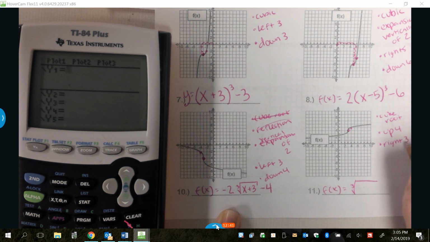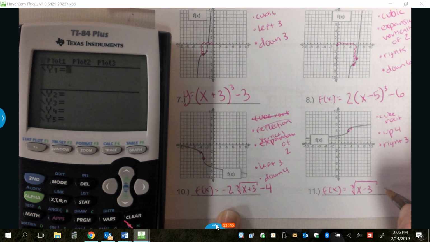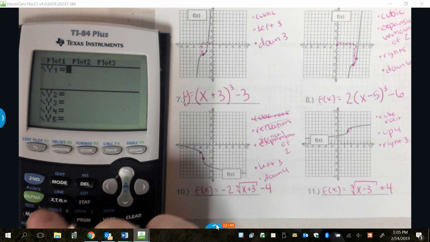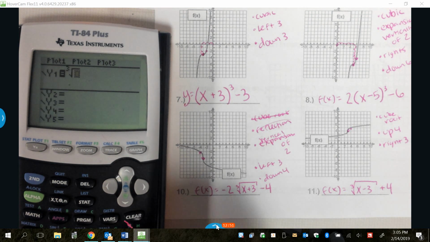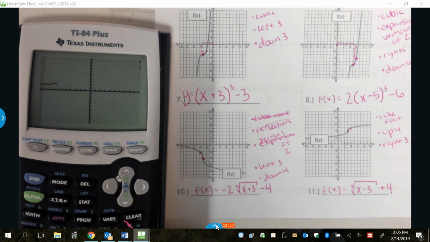There is an inside change of right 3. So that's positive, so I'm going to put minus, because remember, inside is opposite, outside is exact, so up 4 is plus. Cube root of x minus 3, plus 4, graph. Looks similar, so there's my answer.